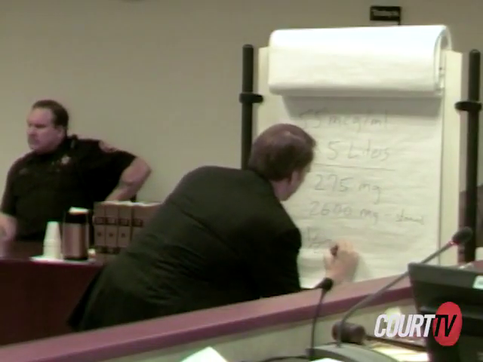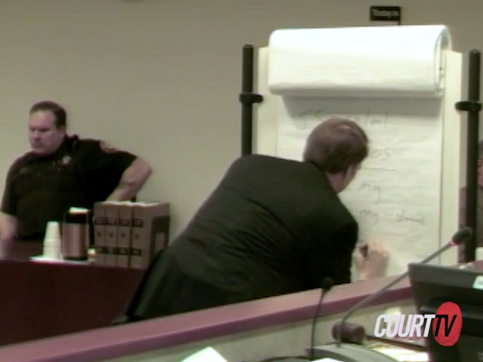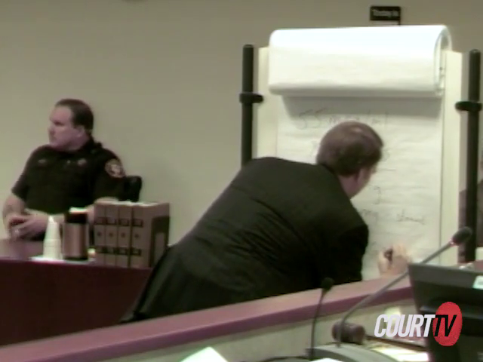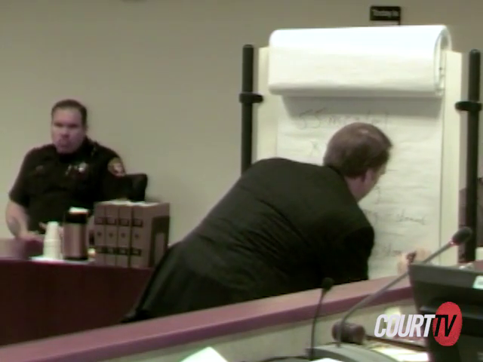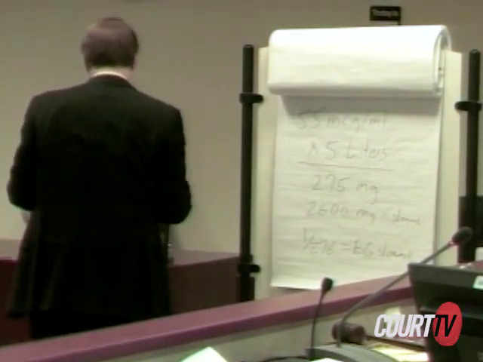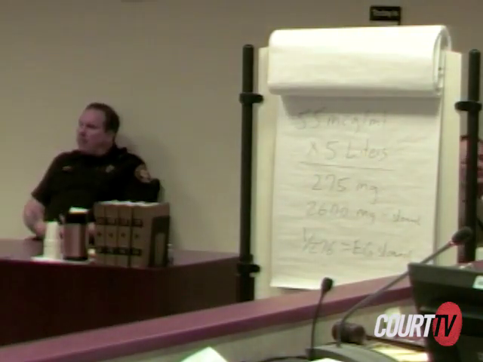So do we end up with about 1/276th of the contents being ethylene glycol? About that, yes. Okay. Yes, sir. So 1/276th of the total contents is the ethylene glycol in the stomach, correct? Of the total contents, yes, sir.